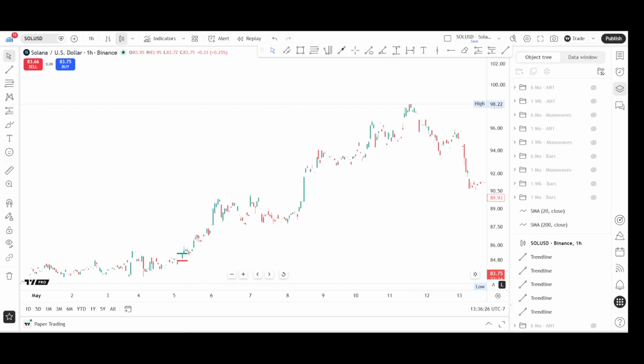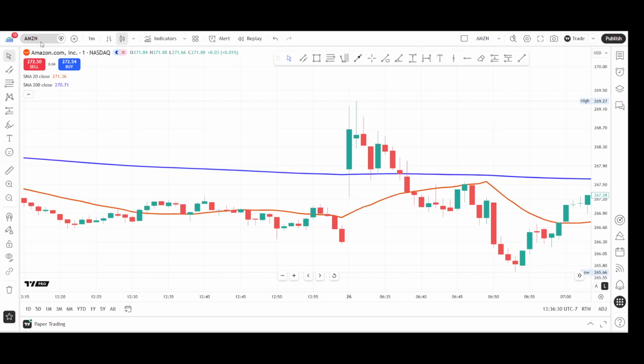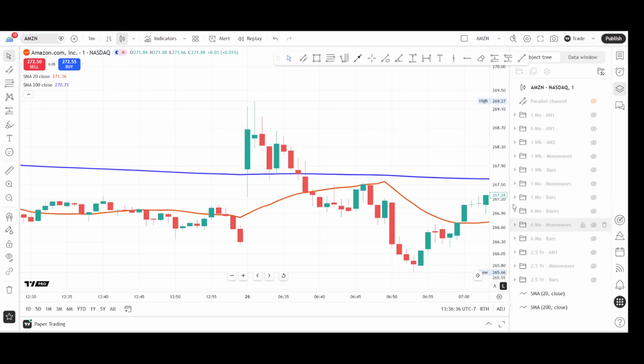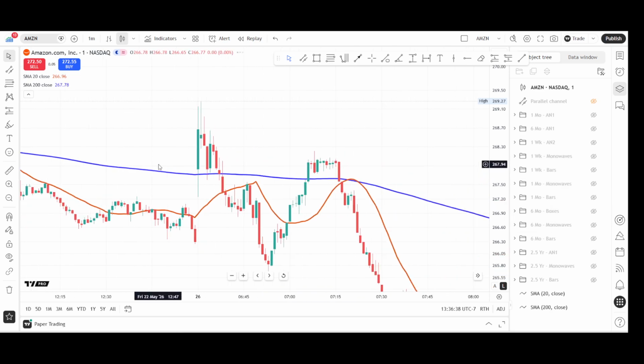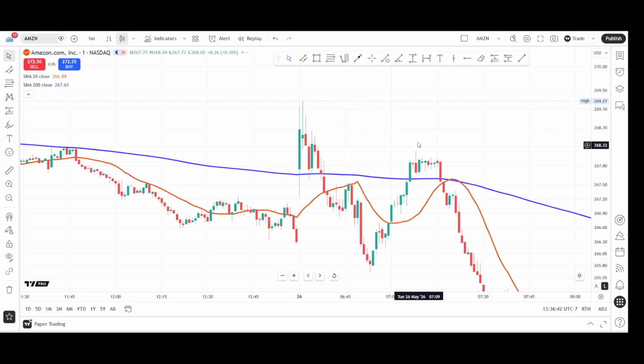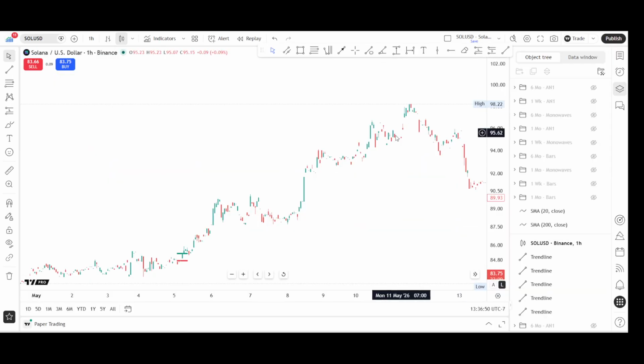But you'll notice that when I went over here to Amazon, because I set this symbol up here, this symbol carries everything that I want. It carries all my folders. It carries my information. So symbol by symbol, you're going to have your information. Now, if I was to go over here to Solana, just to keep everything the same, and this was where I got weirded out here.